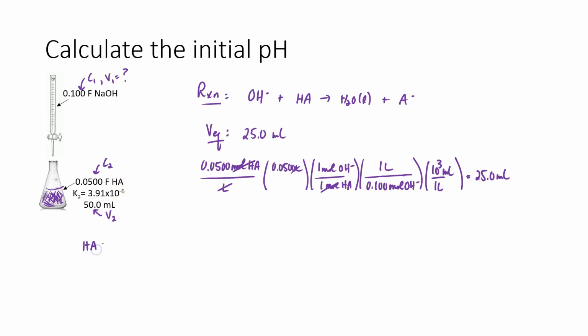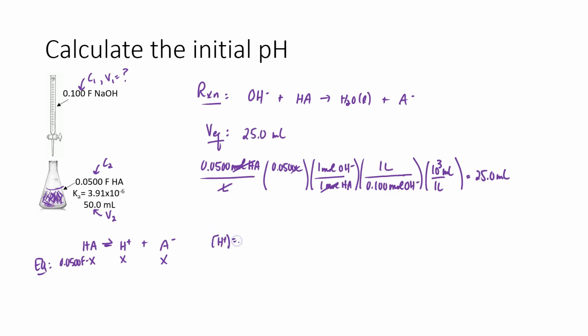But back to getting the initial pH, we've got the pH of a weak acid. We know that weak acids dissociate into H+ and A-, and I'm going to use quick and dirty, but just in case quick and dirty fails, I like to write down what I have at equilibrium. That would be 0.0500 molar minus x for HA, x for H+, and x for A-. But let's try it.